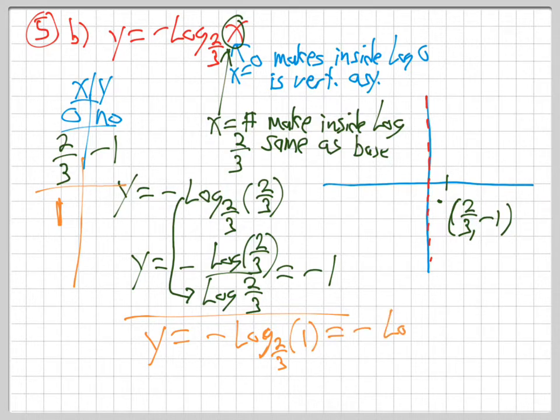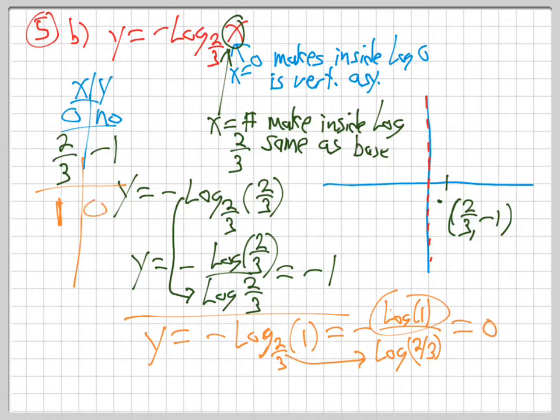Remember, the base goes to the bottom. Hit the buttons on your calculator, you'll get 0, because it turns out the log of 1 is always 0. 0 over anything is 0. So over 1, up 0. So we're getting those two dots.